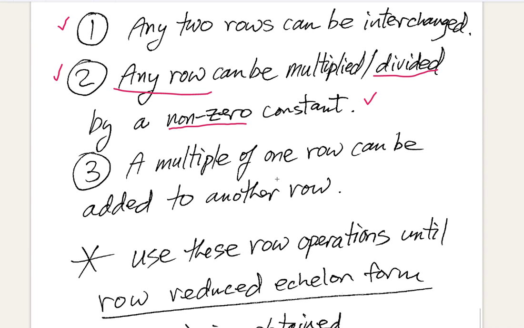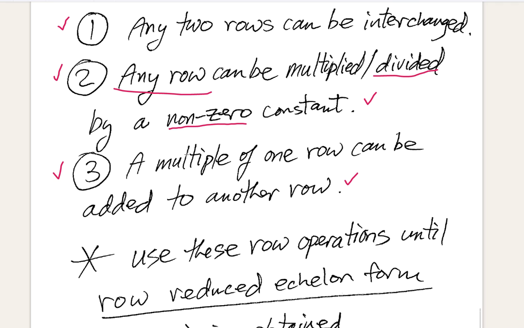Now here's the actual magic of Gaussian elimination: a multiple of one row can be added to another row. And we're going to do that in such a way that variables get eliminated, in essence. And that's going to correspond to getting zeros in columns in certain places.